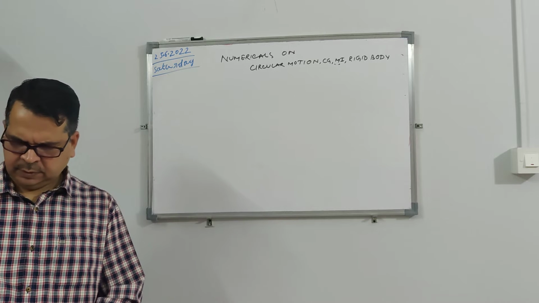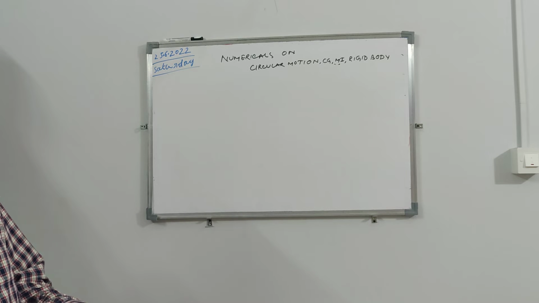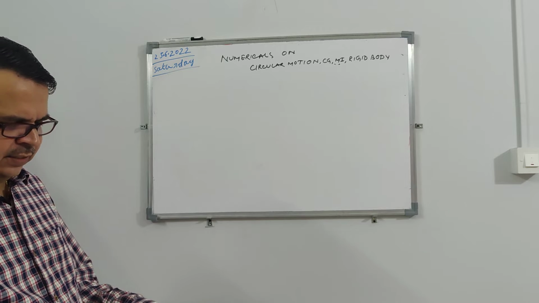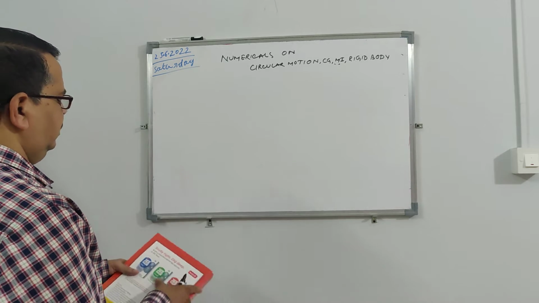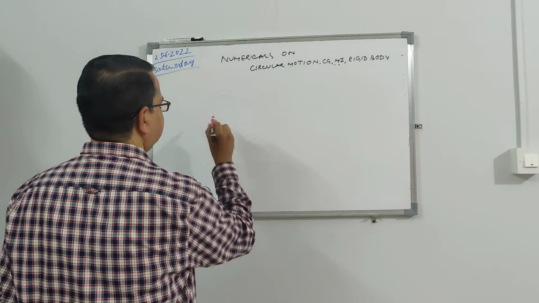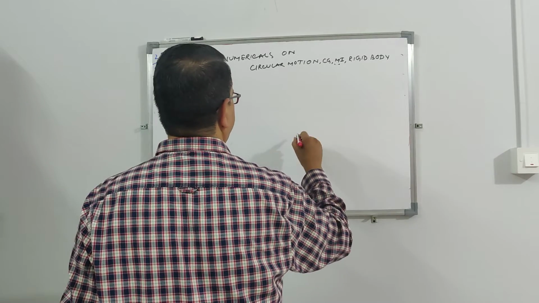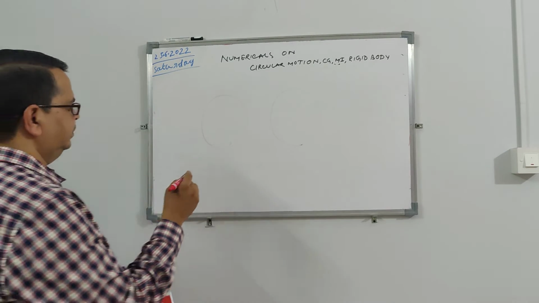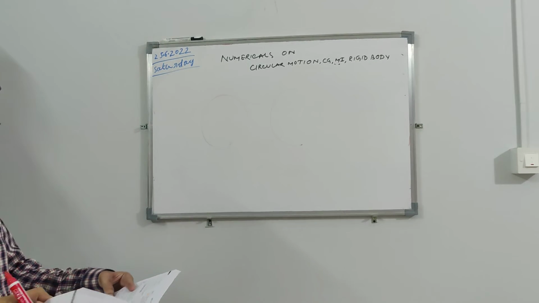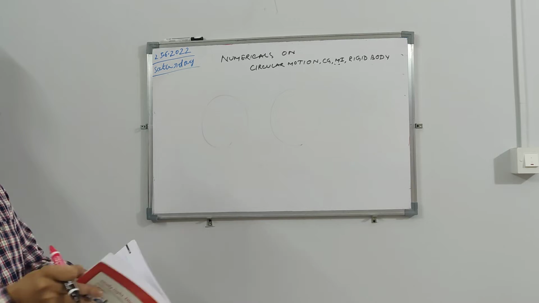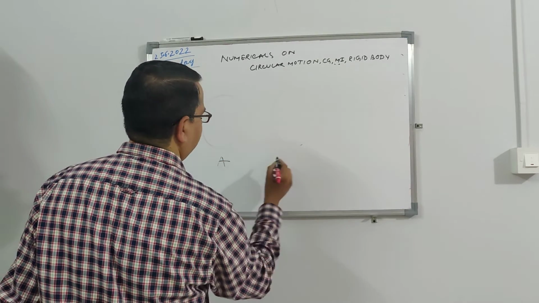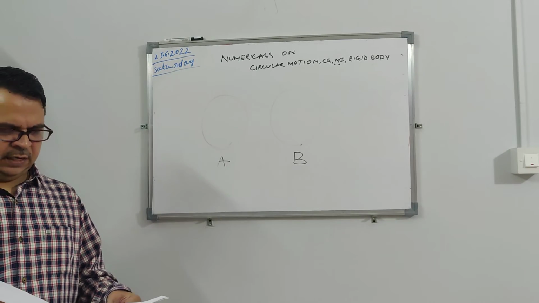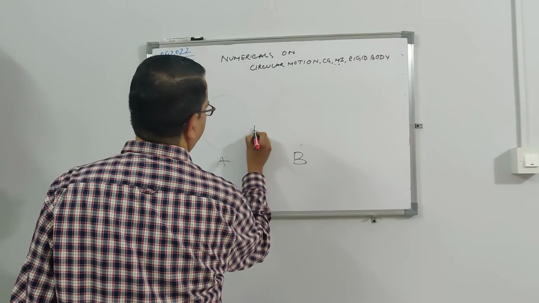There are so many numericals on parallel axis and moment of inertia. Two metallic discs A and B of densities D1 and D2 respectively. Let us say this is disc A and this is disc B. So two metallic discs, and their densities are D1 and D2.